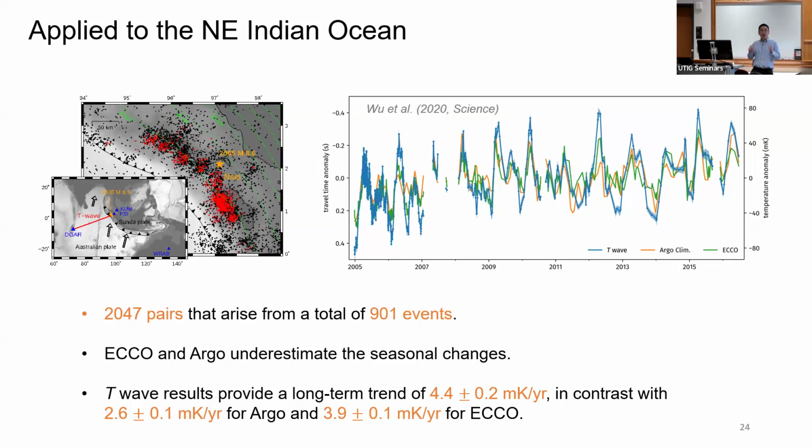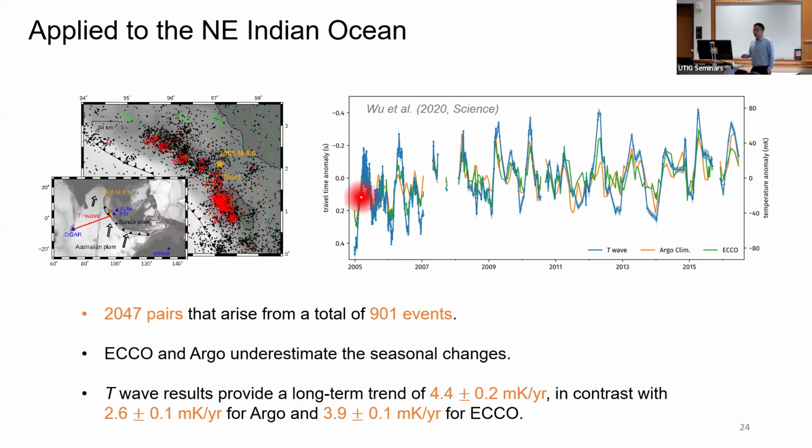We were a little bit surprised by so many repeating earthquakes. I think part of the reason is the waveguide effect. It really helps to increase the signal-to-noise ratio. Many of these earthquakes are below magnitude 4. So even at magnitude 3.7, we can get the signal at 3,000 kilometers away, which is amazing.